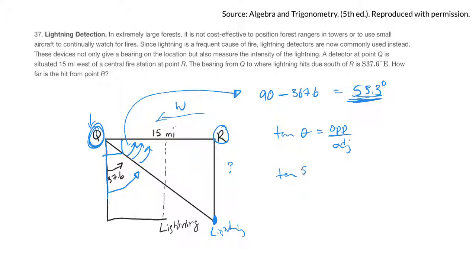So the tan of 53.3 is equal to the opposite side, which I don't know, I'll call it Q, divided by the adjacent side, which is 15. Okay, so I go 15 times the tangent of 53.3. That should tell me what the distance from that one ranger station to the fire is. All right, hopefully that helps you with those 4 questions.